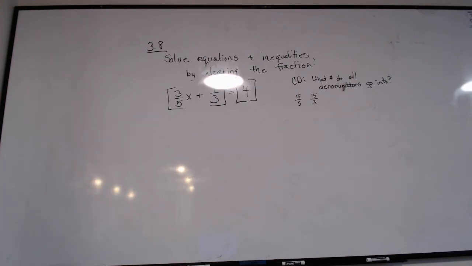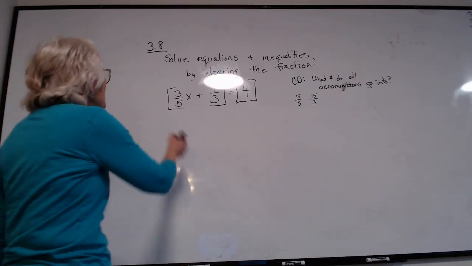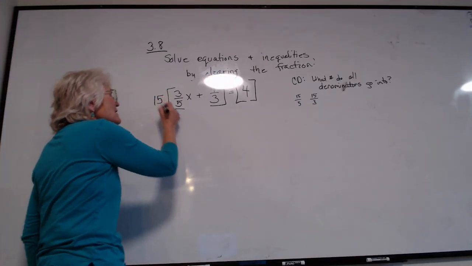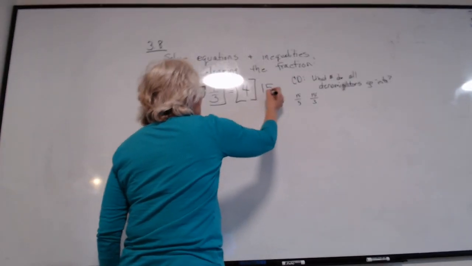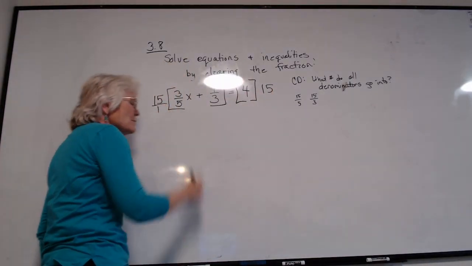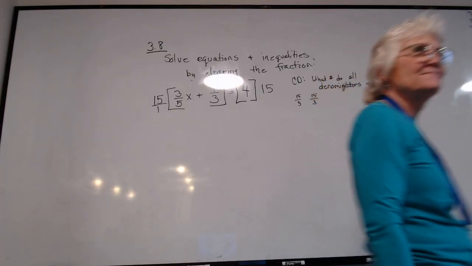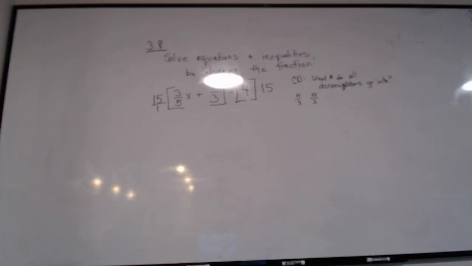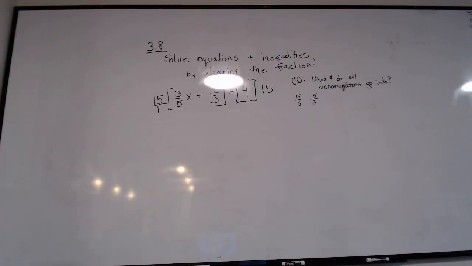We're just going to use the distributive property on one side. So I'm going to multiply this by 15 and this by 15. If it makes it easier, put it 15 over 1, because it's easier to understand when we're multiplying. The 15 is really 15 over 1, and you just multiply straight across, or we're going to reduce.